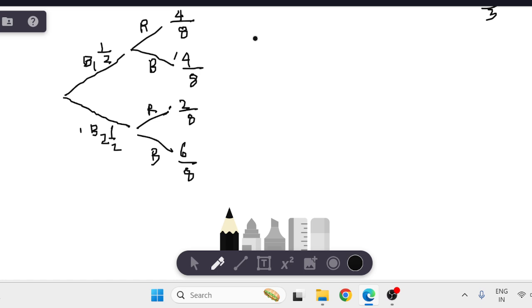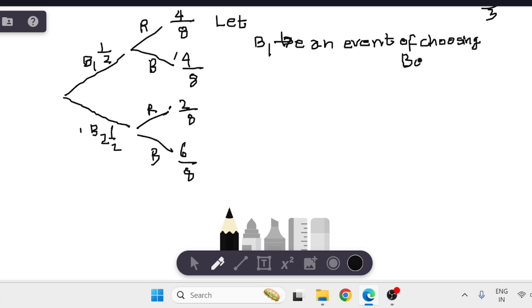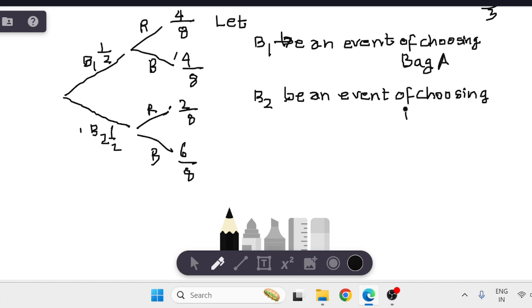Okay. So I represent B1, the event. You can write: let B1 be the event of choosing bag A. Similarly, let B2 be the event of choosing bag B. So we have B1 and B2. The probability of B1 is half, and the probability of B2 is also half.